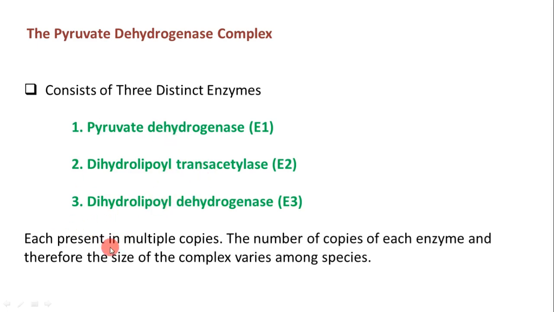Each of these three enzymes is present in multiple copies, and the number of copies of each enzyme, and therefore the size of the complex, varies among species. The number of copies of these three enzymes varies in different species, thereby the size of the pyruvate dehydrogenase complex varies among the species.